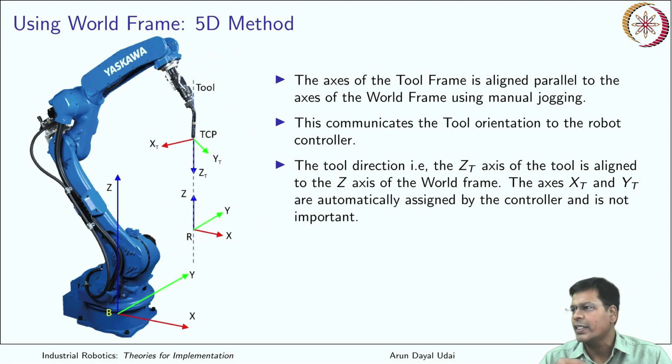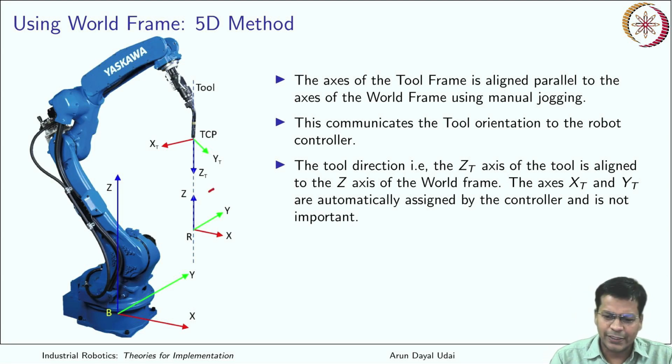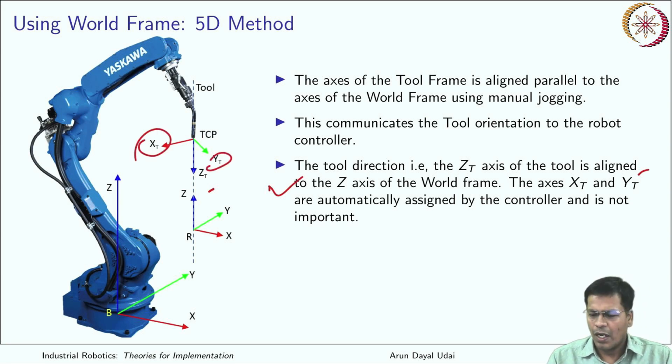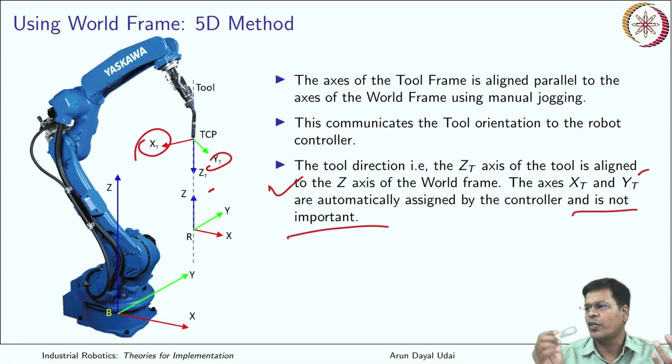The tool orientation, that is ZT, is for tool Z. The axis of the tool is aligned to the Z axis of the world frame. The axes XT and YT, that is the tool axes, are automatically assigned by the controller, and it is not much significant here because I should be very happy with the Z axis only.